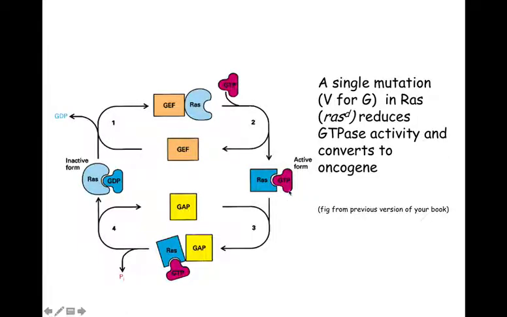And therefore the on form, where GTP is bound, stays on longer than it should, because the GAP, which would hydrolyze that GTP and convert it into the off form, inactive RAS, has lower activity. And so RAS stays on longer than it should.